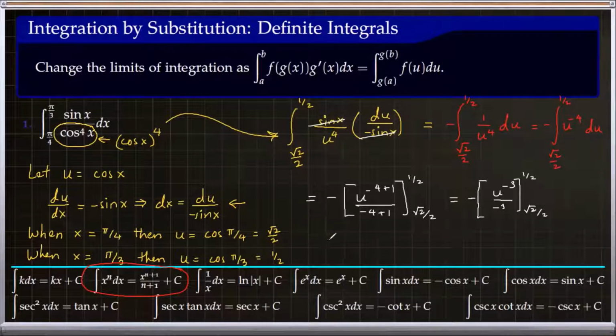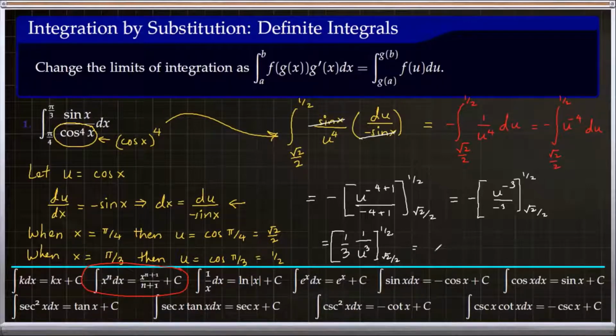I'm going to go one step further simplifying this. Now I can pull that 1/3 out. So we have negative and negative 3, so 1 by 3. And for u to the negative 3, I can just write u cubed, evaluated from root 2 by 2 to 1/2.